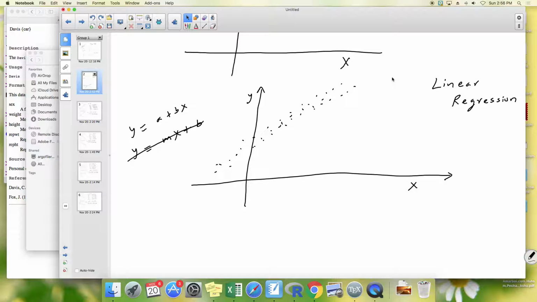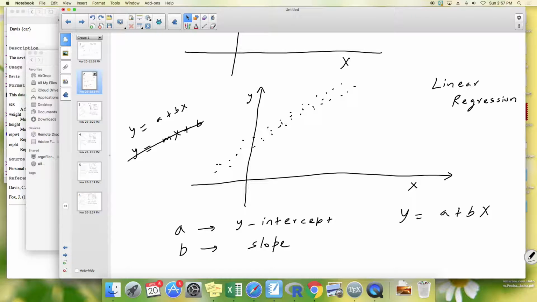If it looks like there is a line y equals a plus bx that can go through these data points, then that's what I can say. By the way, we all know that a is called y-intercept and b is called slope.